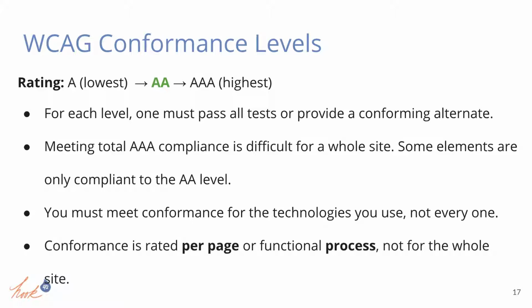WCAG has conformance levels, so how accessible are you? Are you accessible or not is not binary. So you have the rating A, the lowest level of accessibility, but it's the thing that like impacts the broadest amount of people. Well, not really, no, A is lowest. The broadest amount is AAA, pardon me.